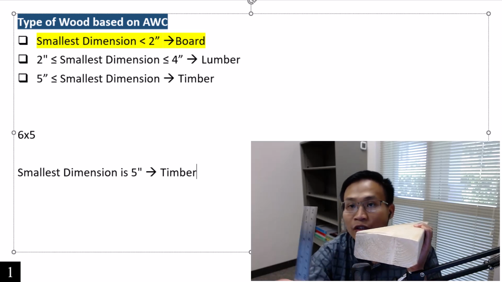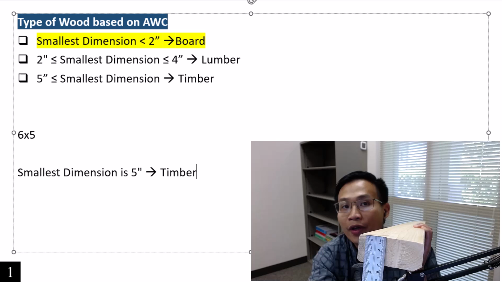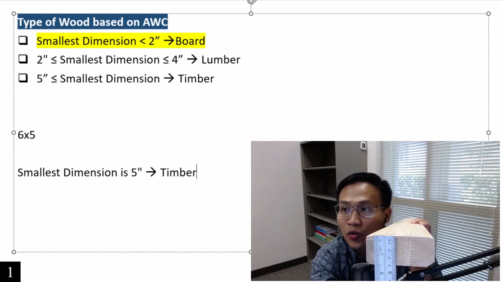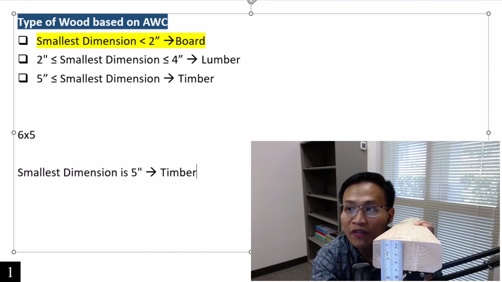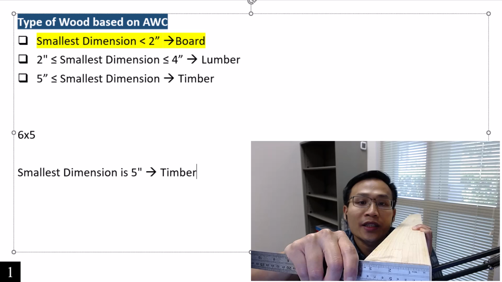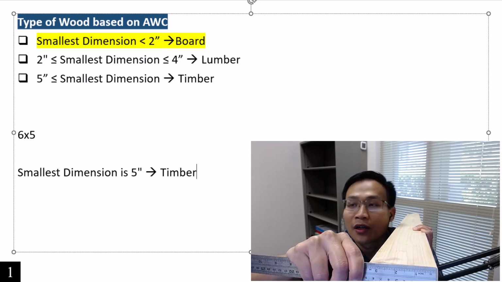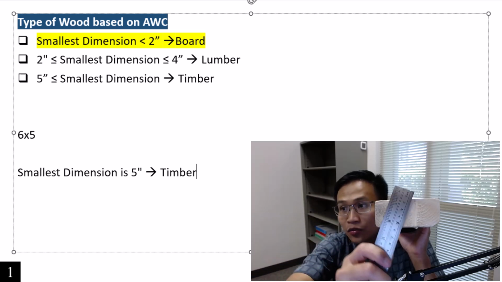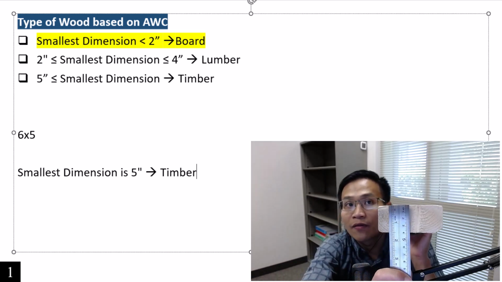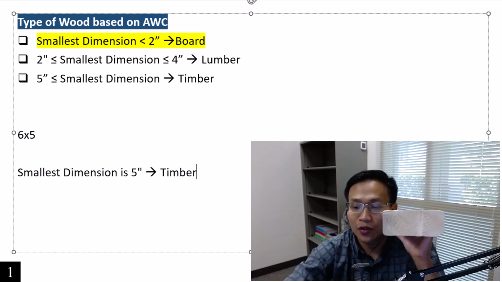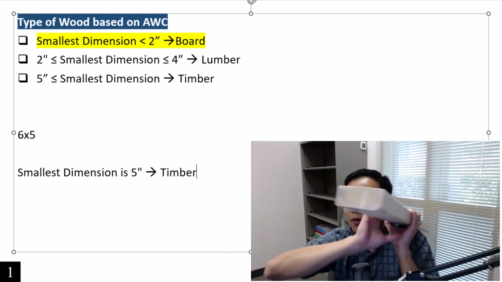However, when you measure it, you can see the thickness instead of 2 is only 1.5 inches, and the width instead of 4 is only 3.5 inches. Why does that happen?